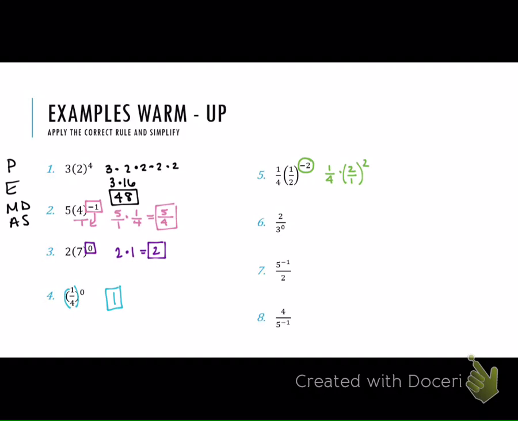So then what would I have to do from here, Avery? Because that's technically what it would be. Right, so this would be 1/4 times 2 times 2, which is just 4, right? So we have 1/4 times 4, which becomes what, Avery?